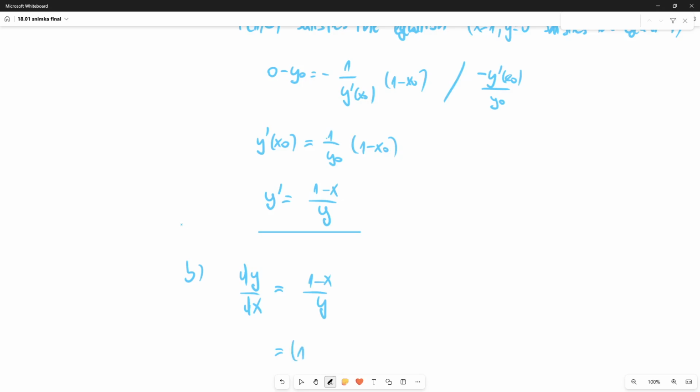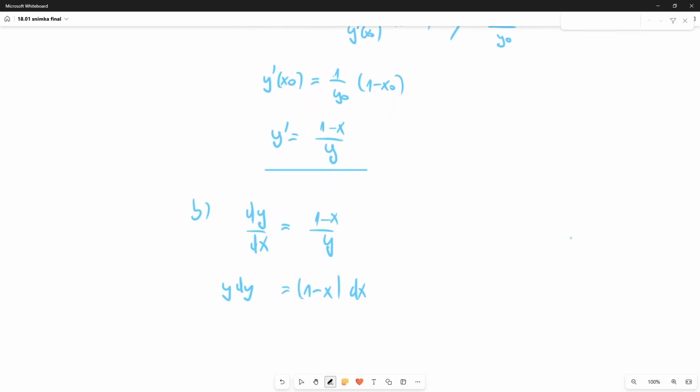So this is (1 minus x) times dx, and this over here is y times dy. We can integrate both sides of the equation. We obtain y squared over 2, and over here we obtain x minus x squared over 2 plus c.